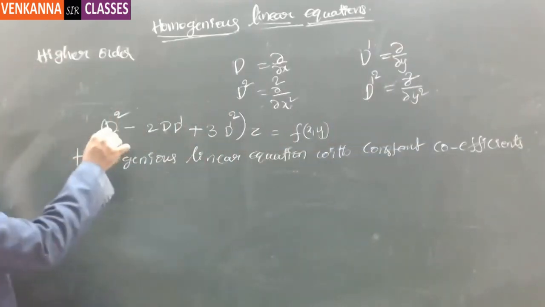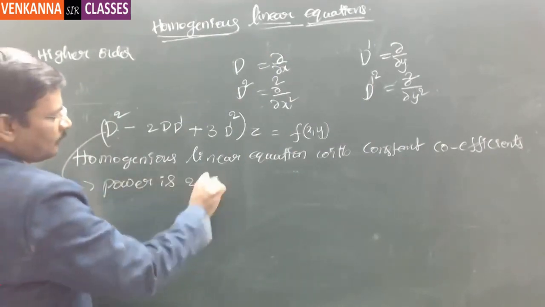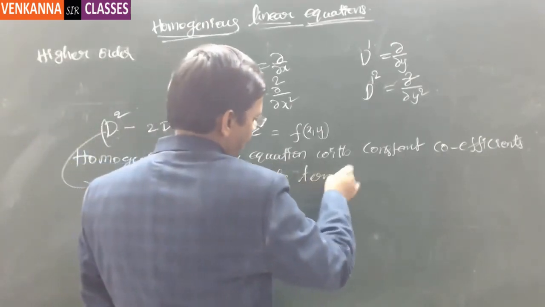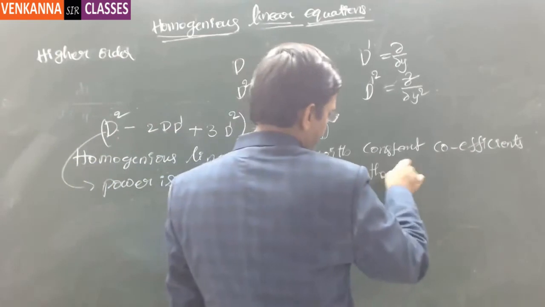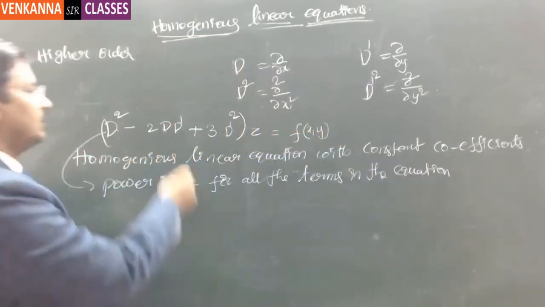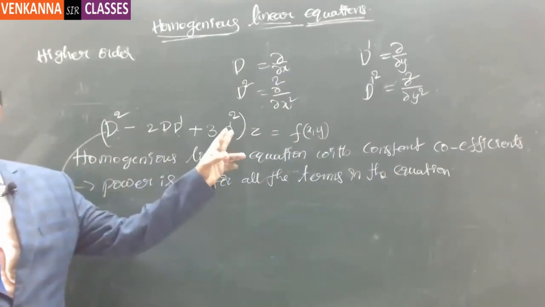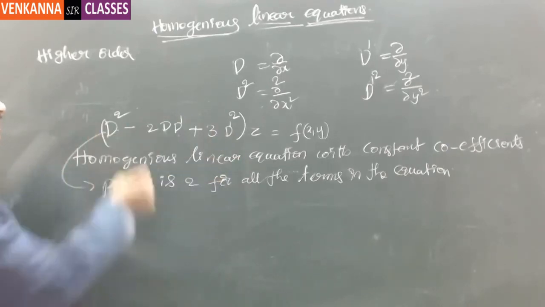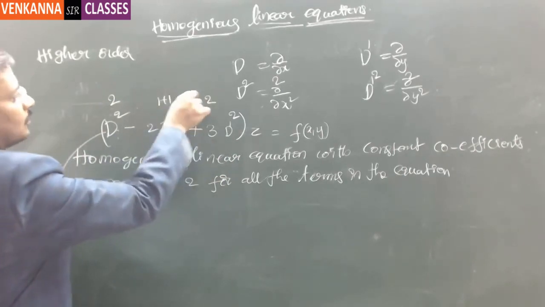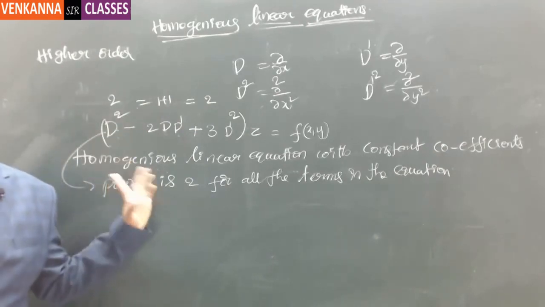Now here if you notice, the power is 2 for all the terms in the equation. So this is the condition. Now here there is the D and D dash product. Now it is coming out to be 2. And here D dash square. This is again 2. And this is 2. This is 1 plus 1. This is 2. So all are equal. So that's why we call this a homogeneous linear equation.